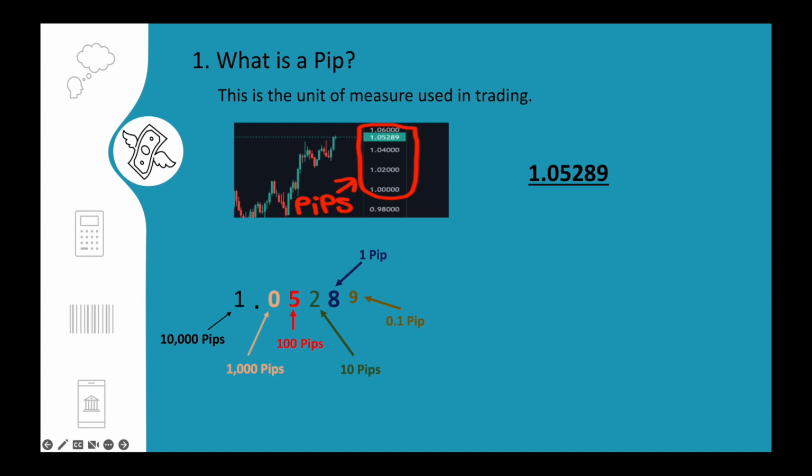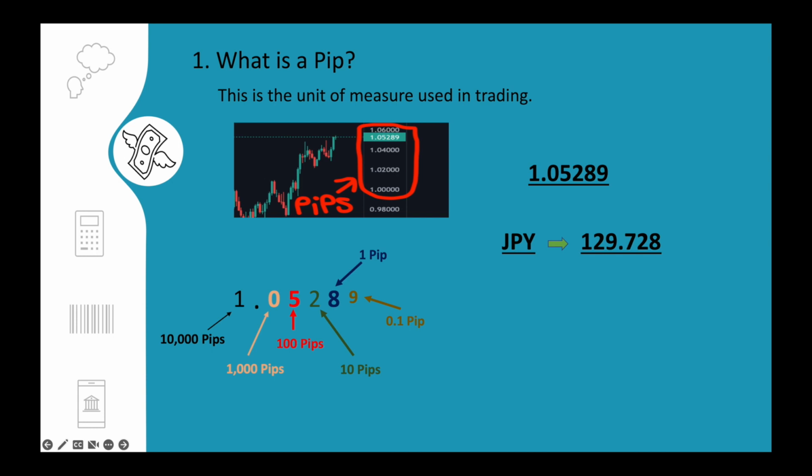Now for the JPY pairs, it's going to be a little bit different. And I'm going to take you through that example as well. So JPY pairs, the prices are a bit different because we have 3 values before the decimal, or maybe we can have 2 values before the decimal. And this is how we break it down.